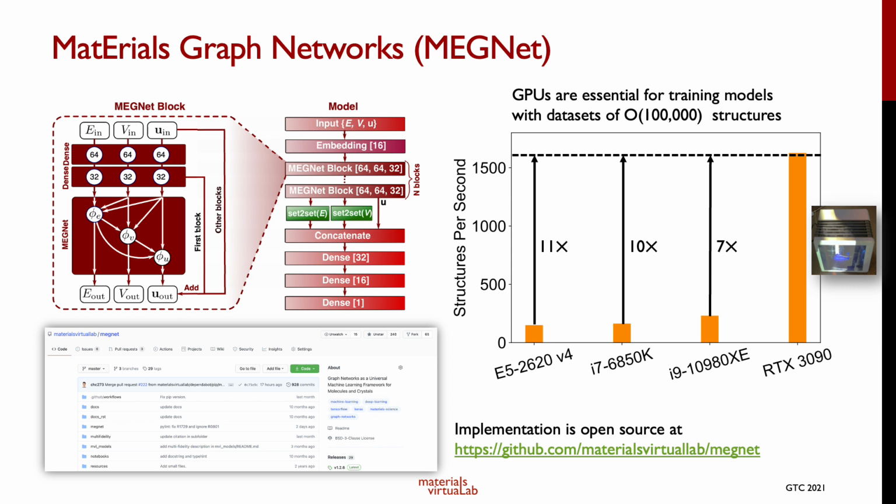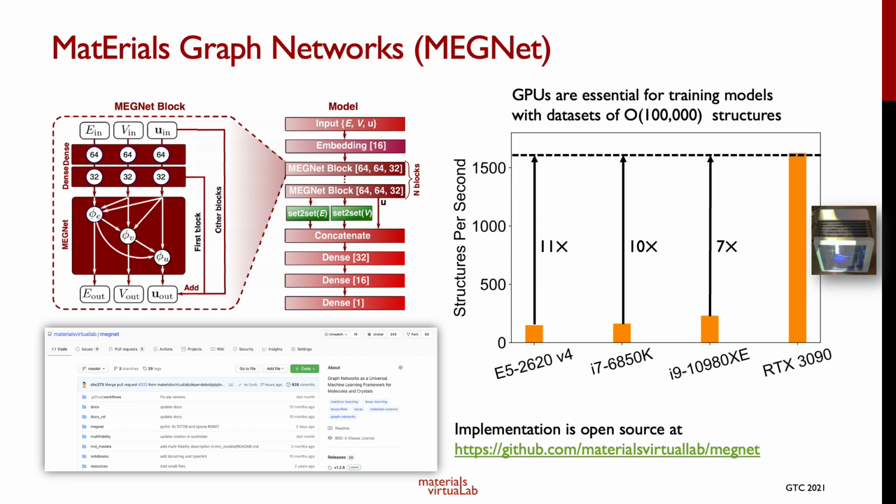You can then stack multiple MEGNet blocks to create machine learning models of arbitrary complexity, right? The more blocks you have, the greater the range of interactions between atoms that are far away, and certain properties require fewer MEGNet blocks than other properties. We have made this entire implementation open source, and you can find the source code on GitHub at this link right here.